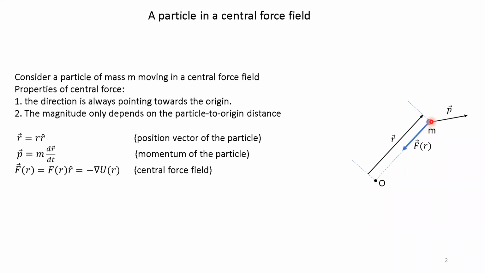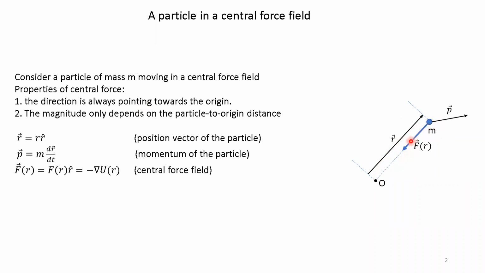So you can see that I define the position vector for this mass particle to be r again, and the force that is experienced, known as the central force, has the following two properties. One is that the force is always pointing towards the origin.